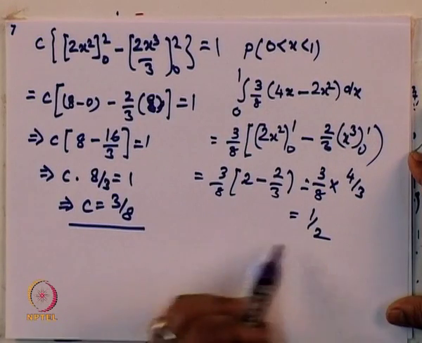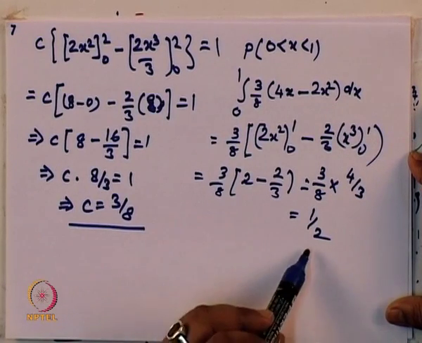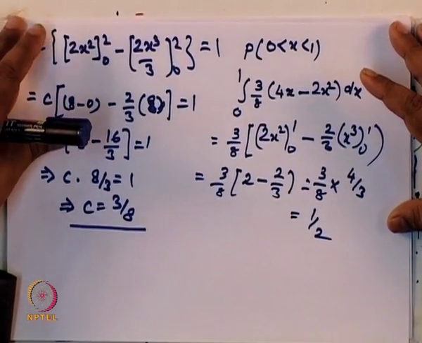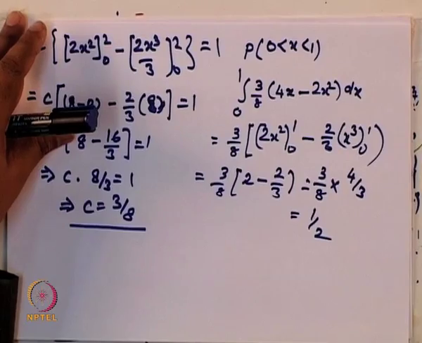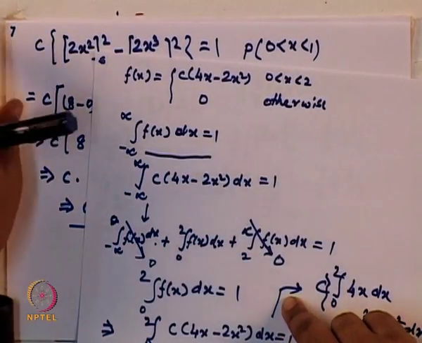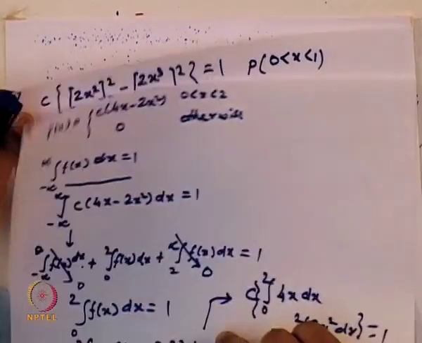Okay. So, probability 0 less than x less than 1 you can calculate. So, this is how you calculate the expression for a probability density function using the constraint that the integral from minus infinity to infinity of f x dx must always give you a value of 1.